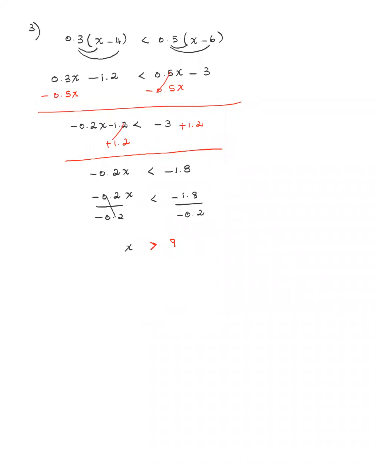So the graph, it's greater than 9, so it's going to go from 9. It's open because 9 is not included here.